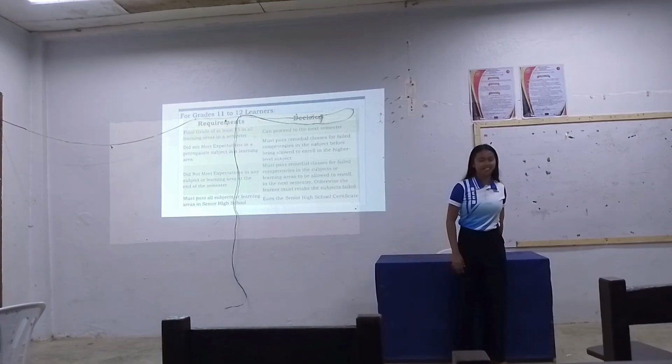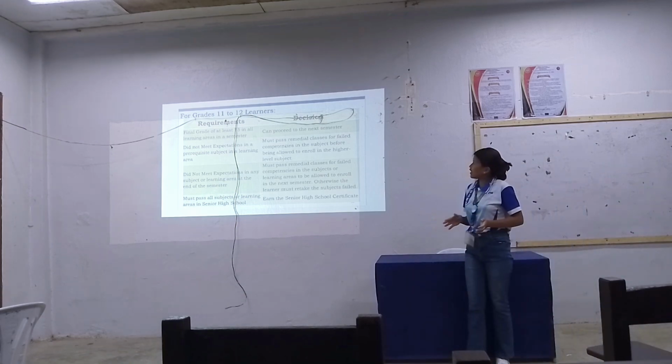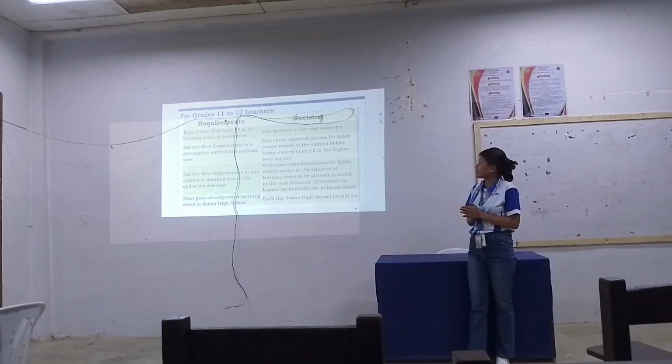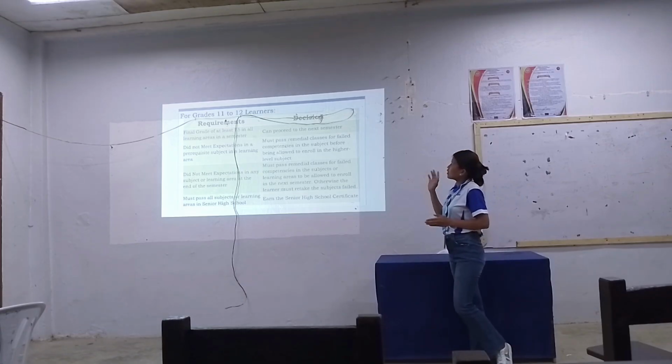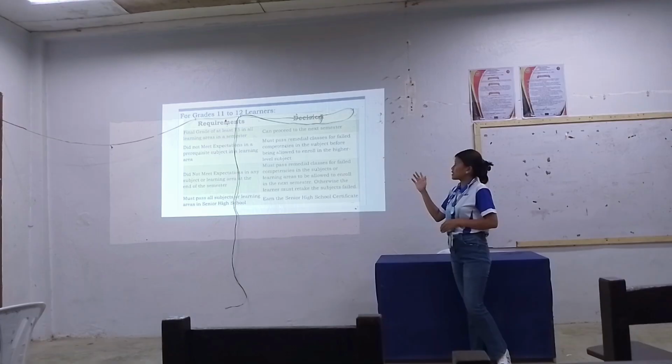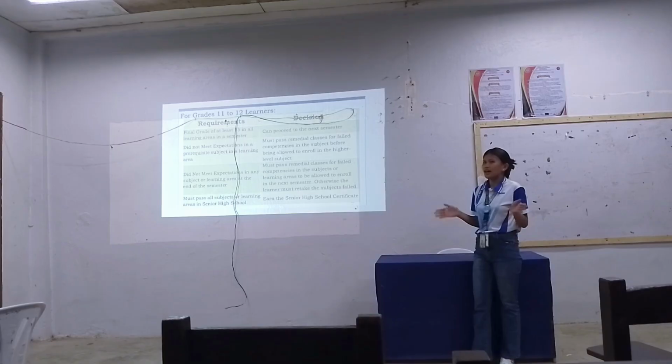So, to continue, for the grade level, grade 11 learners, the requirement is a final grade of at least 75 in all learning areas in a semester. With this decision, the students will be able to proceed to the next semester. Grade 11 and grade 12 have a first semester and a second semester.